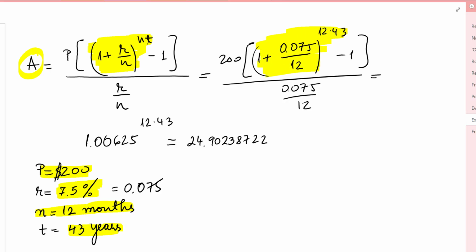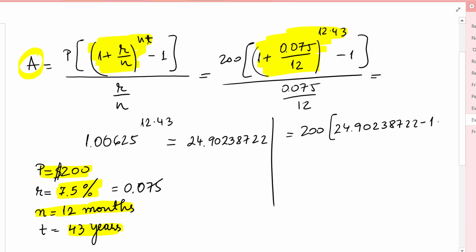So then our computations are going to continue being 200 times, instead of the highlighted part, I'm going to put 24.90238722 minus 1, because I did just the highlighted part, over, and I can do this division to see what that is.